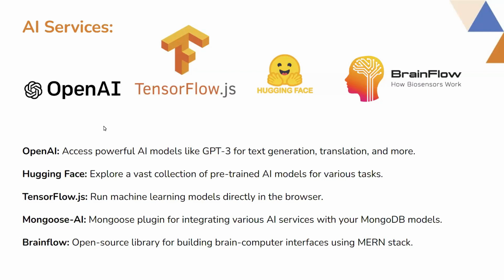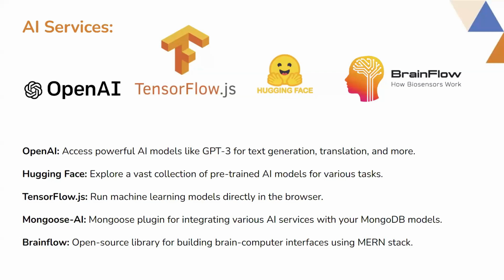It created the GPT-3 model, a text generation model that helps us generate and translate text and produce documentation-type content. And there is another one, Hugging Face. Exploring Hugging Face, there are lots of models. We can utilize those models and make our app more robust.